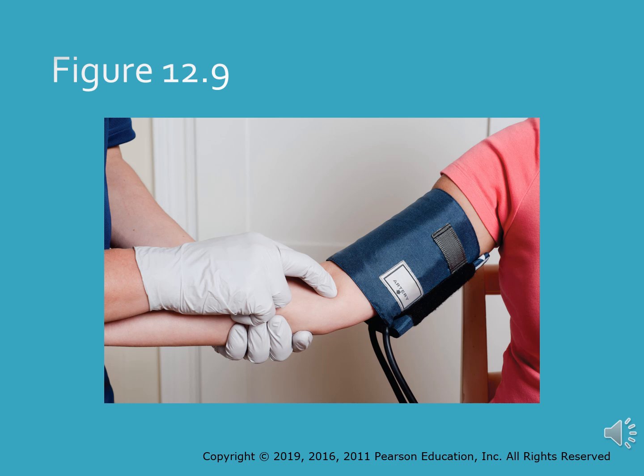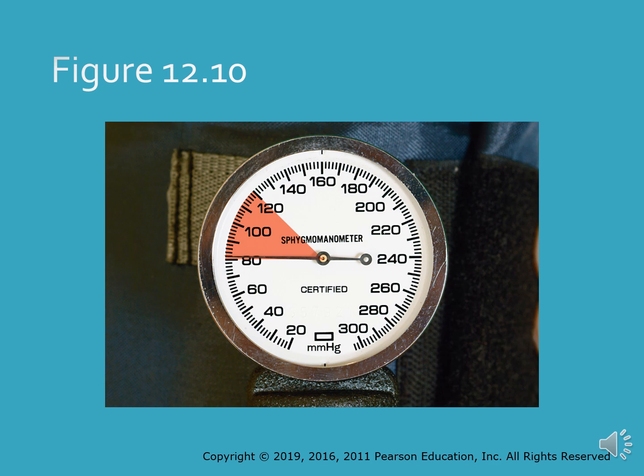As you can see, the cuff will show where that artery is, and then there's an arrow pointing down. The cuff is going to sit where the artery is, and it'll point down to it. Then the pulse sounds will be heard through the stethoscope between the systolic and the diastolic readings.